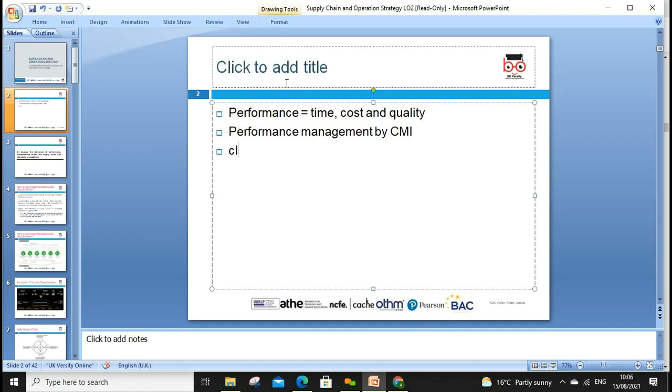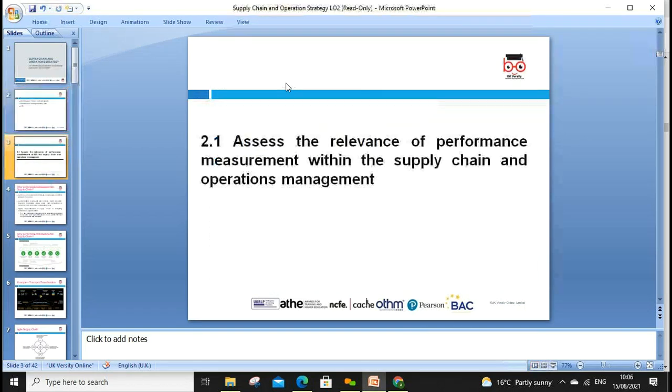Also CIPS, the Chartered Institute of Procurement and Supply, which I'll send you the link for as well. They do a lot of research, are very active on these issues, what is happening in industry, and they keep updating their way of delivery as well.